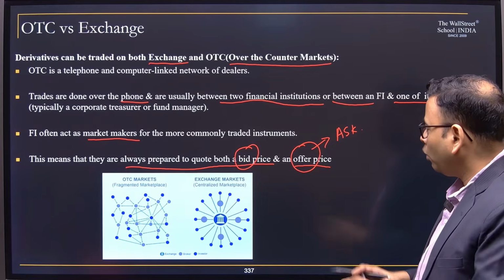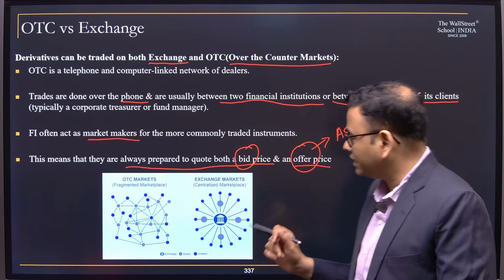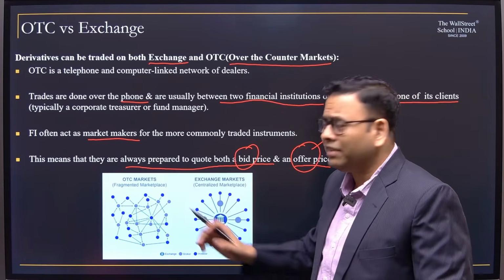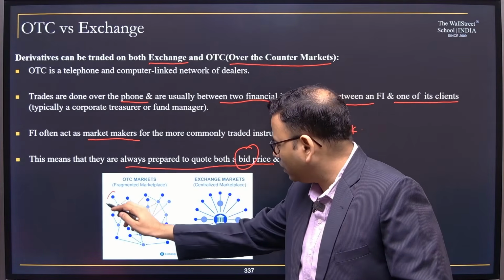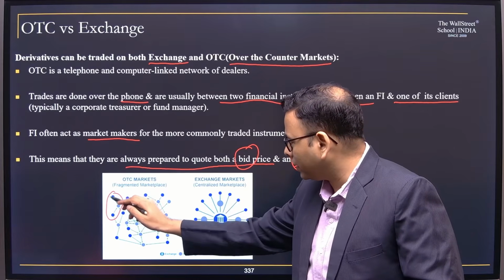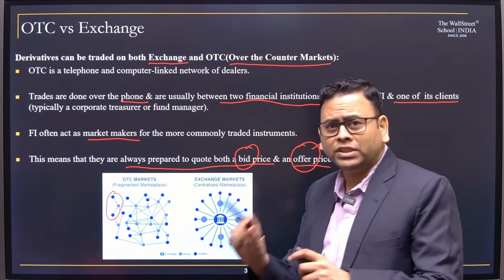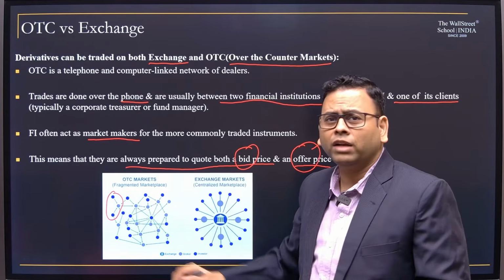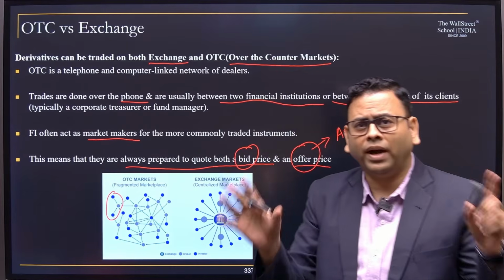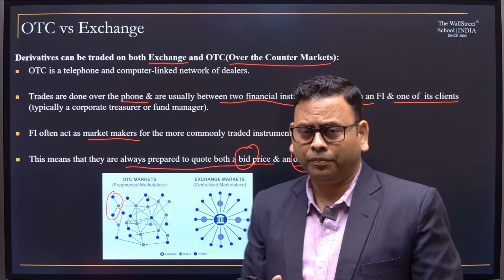So if you talk about OTC and exchange, as you can see here, OTC is a very fragmented marketplace, which means every player would have a counterparty. So let's say this one in grayish color is your market maker, and each market maker would be connected with various buyers and sellers in that particular market.